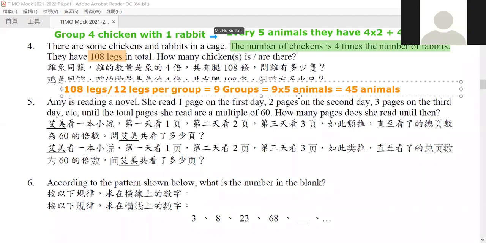Now, of course, here it does not ask for animals. Instead, it asks for chickens. But every group has 4 chickens, right? So it will have 36 chickens, okay? So 36 is our answer.